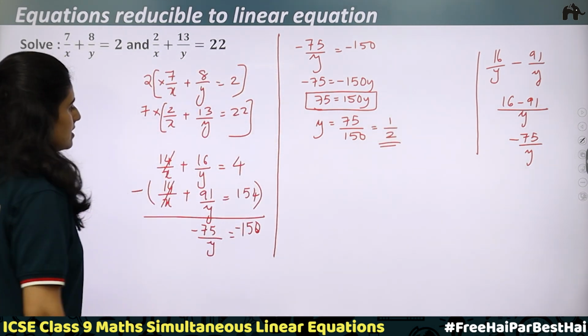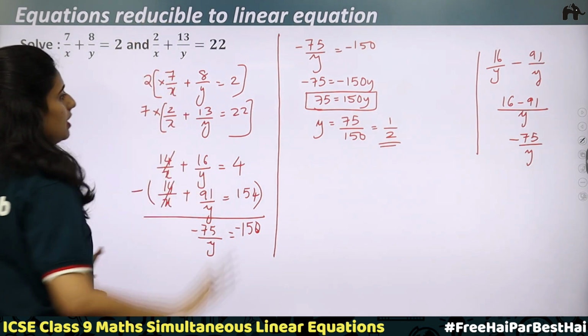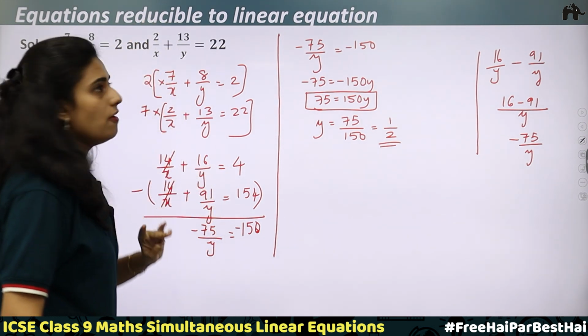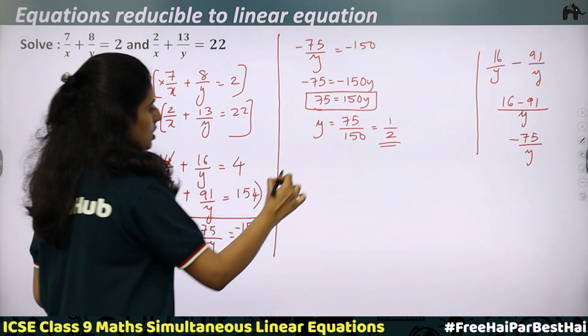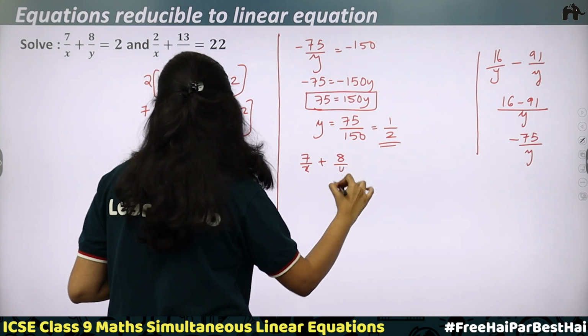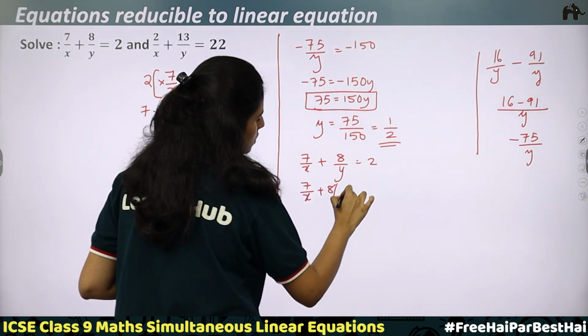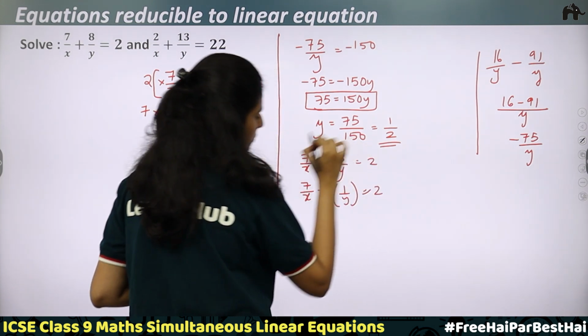Now to find x, what should be done? Either in the first equation or in the second equation, we are going to substitute the value of y. We'll substitute in the first equation 7 by x plus 8 by y is equal to 2. That is 7 by x plus 8 into 1 by y is equal to 2.